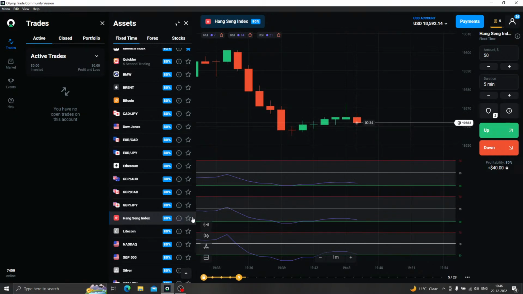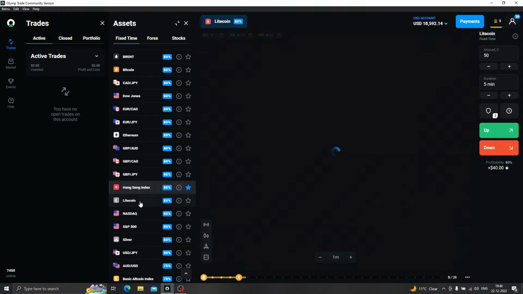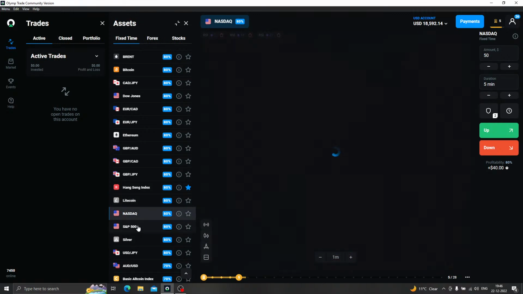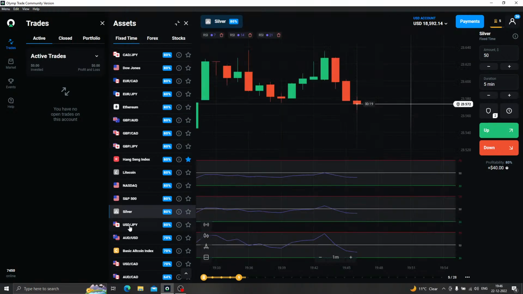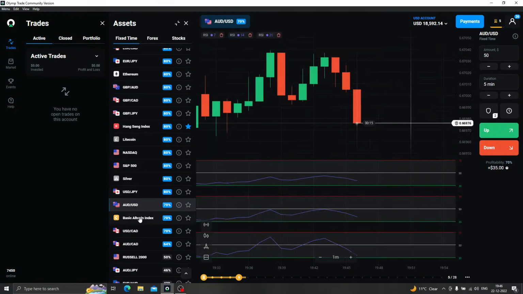The Hang Seng Index is also approaching towards the oversold region. So we have marked that also. The AUD USD has also approached.